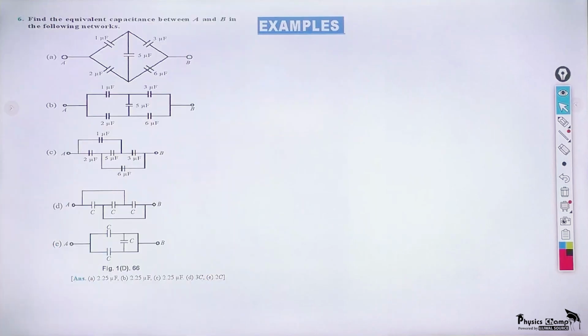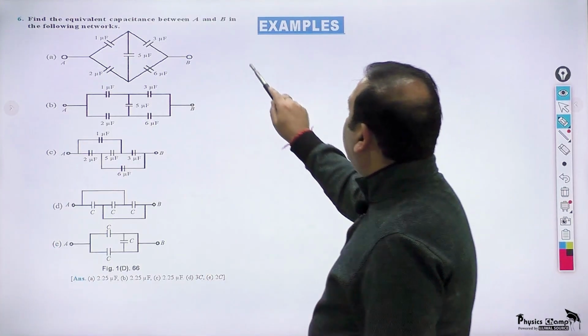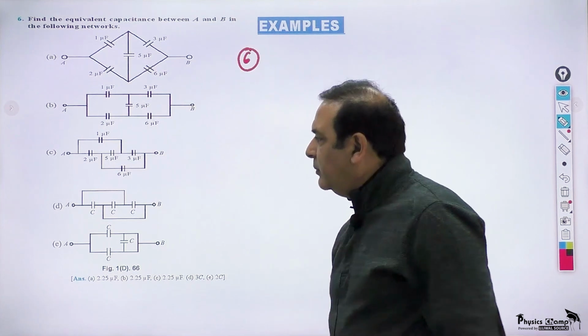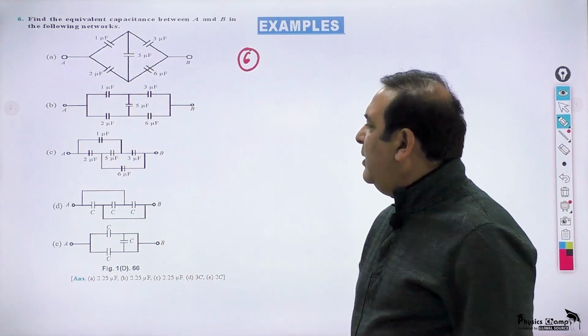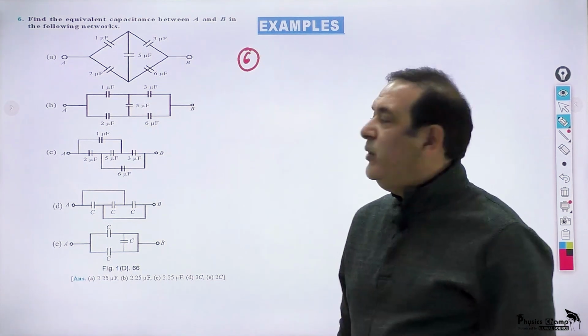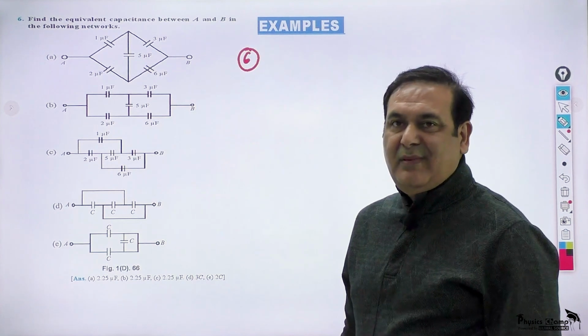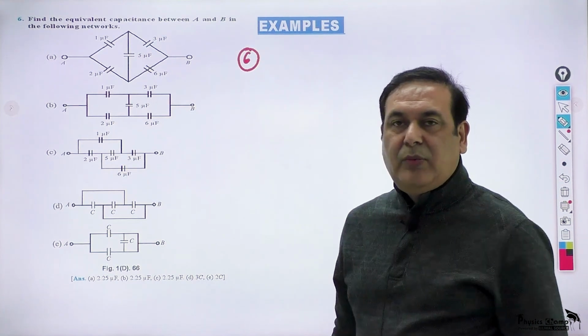Now to take a good practice of what we just learned, I have this example 6, and there are cases A, B, C, D, E. I am going to take all these 5 cases. They are all handleable by you.